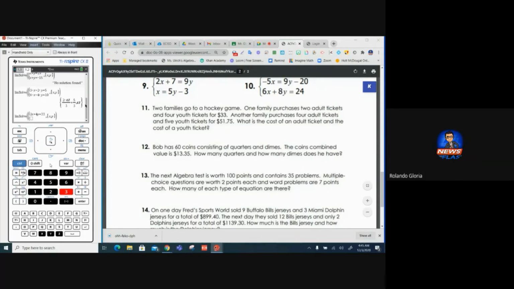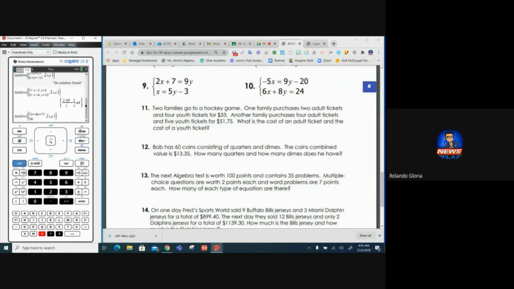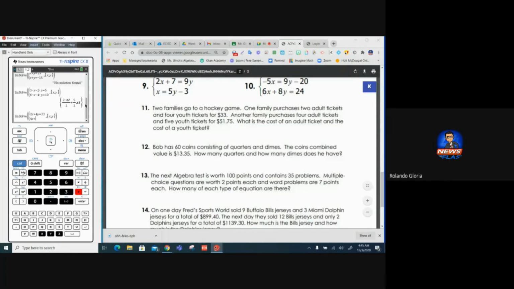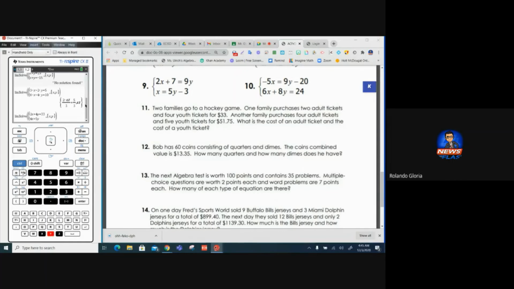Boom, 33. Then go down. The second family purchases 4 adult tickets, so 4x plus 5 youth tickets, so 5y, which equals $51.75. So here are our equations from problem number 11.